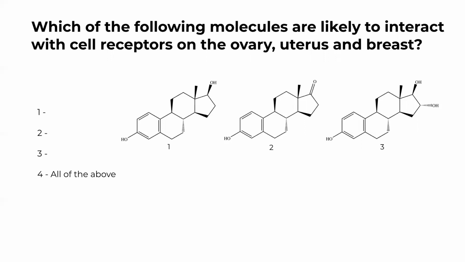And so if I tell you that the correct answer indeed is 4, can any of you tell me what the common precursor molecule for these molecules is? I guess my question is, all of these molecules are derivatives of what molecule?